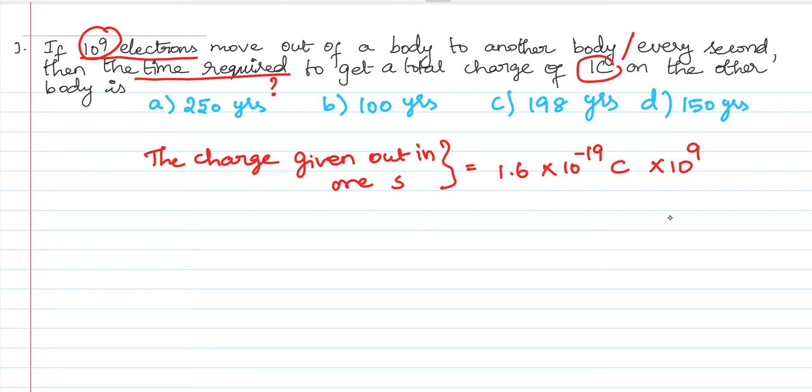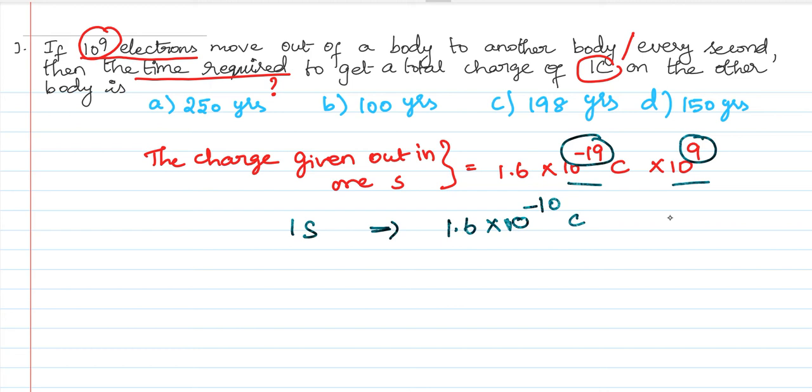You can see clearly, 10 to the power of minus 19 and 10 to the power of plus 9, so minus 19 plus 9. For 1 second, the total charge will be 1.6 into 10 to the power of minus 10 coulomb.